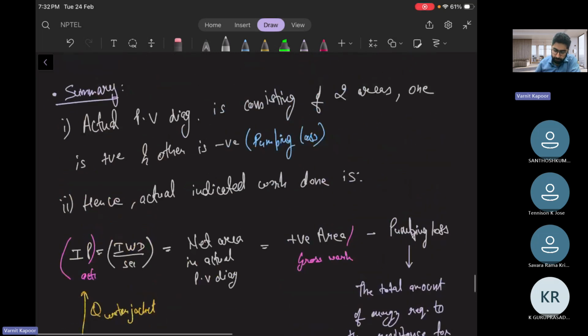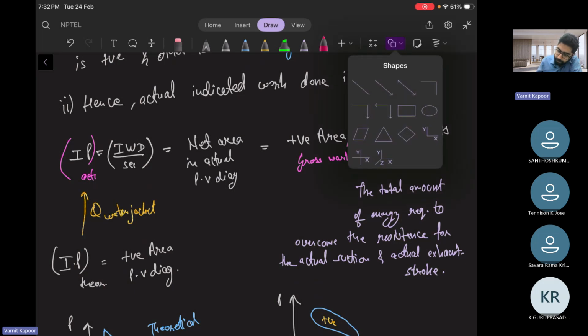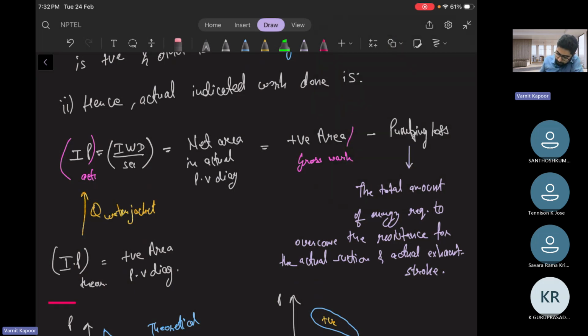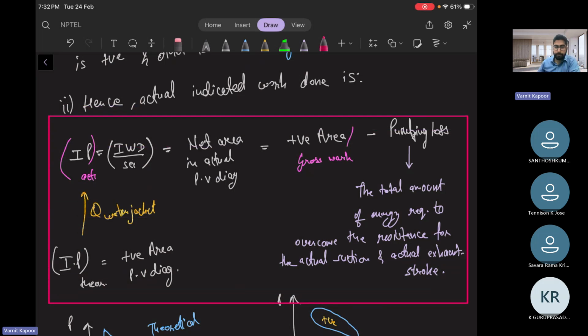I have written the indicated work done of actual and theoretical here. Let me highlight them.